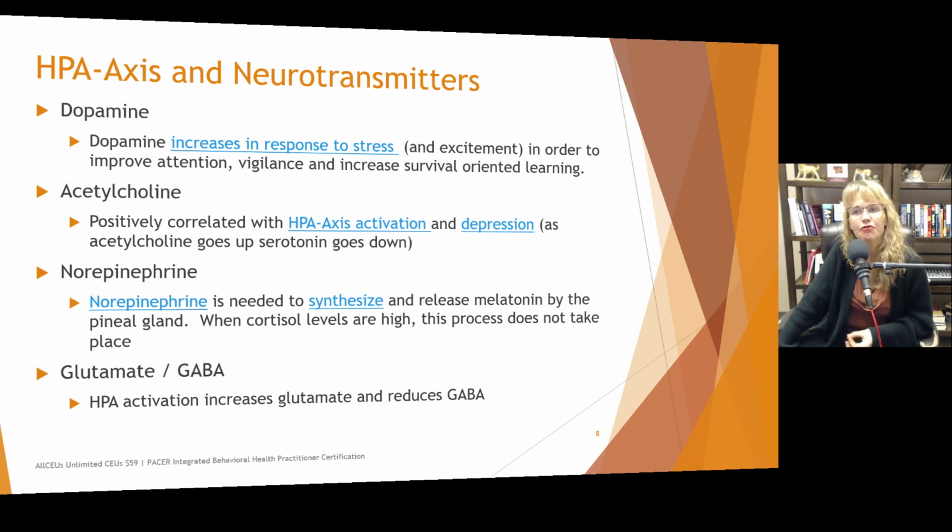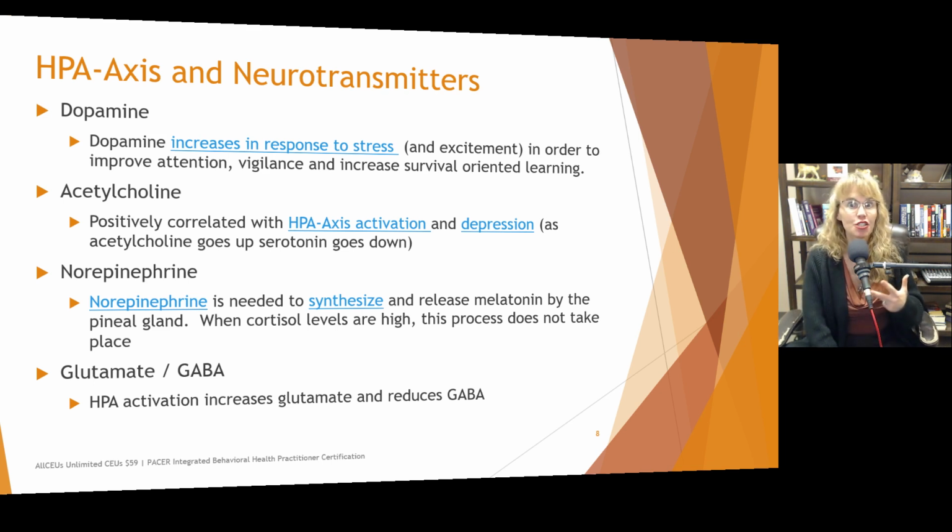So it increases in response to stress and excitement in order to improve attention, vigilance, and increase survival-oriented learning. It helps you be more alert. It helps you be more motivated to survive, which also helps you be more aware of all the stimuli in your environment that could potentially be a threat. Well, that's fine. That's a good thing. But it's important to recognize that we need dopamine for a lot of other things.